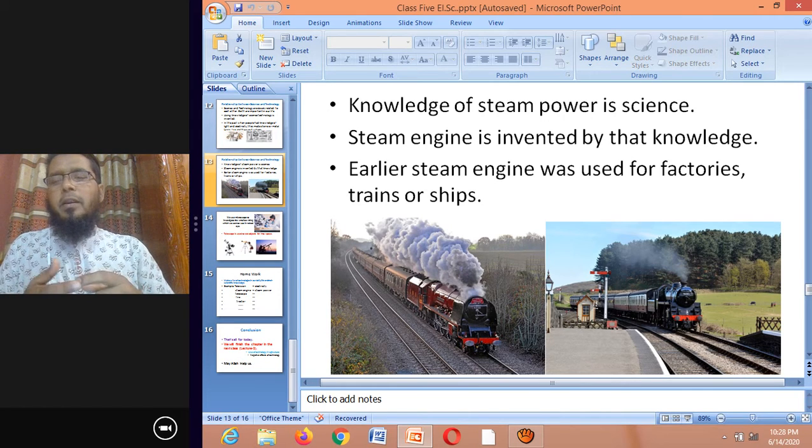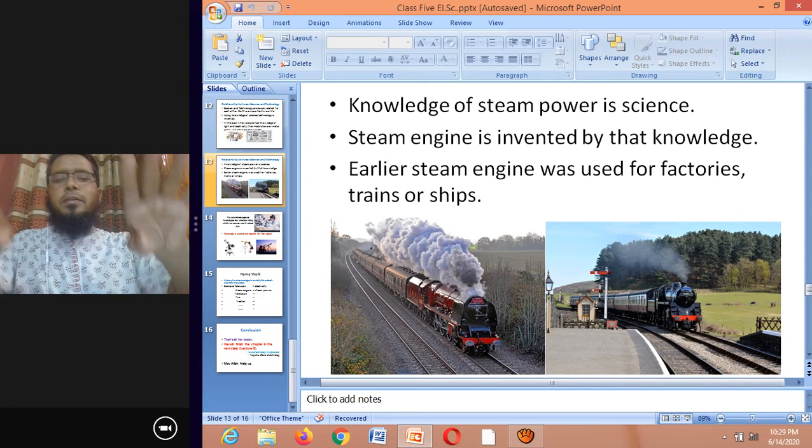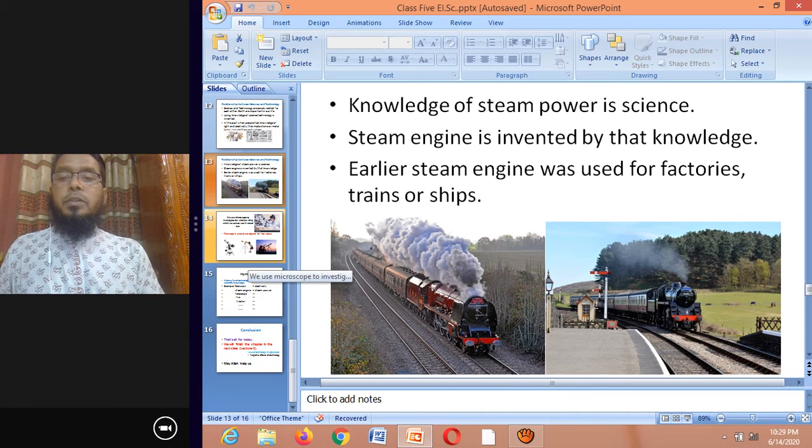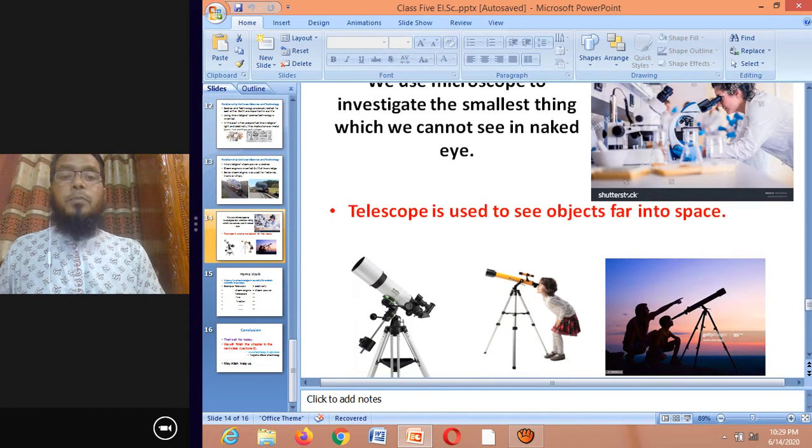That power is joined with a wheel, and the wheel runs, and the vehicle is running. So the steam engine was invented earlier, in the 17th century by Alexandria, and the steam engine is very much important.